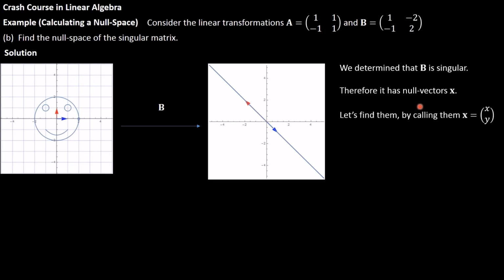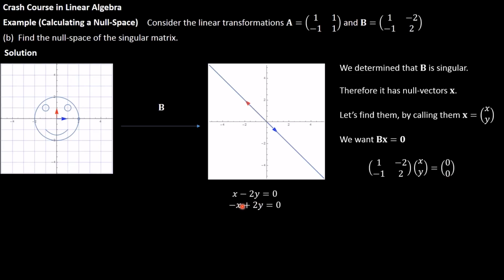So let's go ahead and take a vector x, let's call its components x and y, and we're trying to find vectors that map to the origin. So here's what that looks like. We're looking for a vector x, y, such that when you multiply it by this matrix, you get 0 and 0.